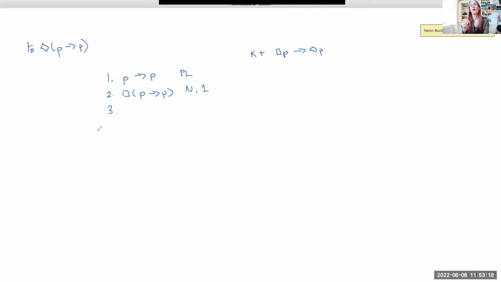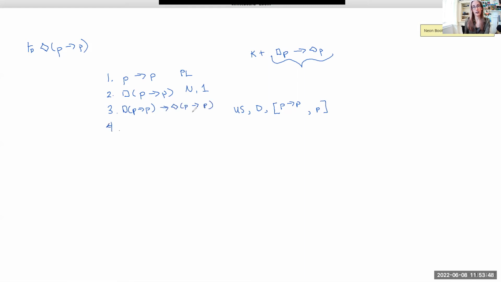And now we have something that we can substitute into our axiom. So we will do uniform substitution on the D axiom, substituting in P implies P wherever we have P. So hopefully I've got space. This means that if it's necessary that P implies P, then it's possible that P implies P.